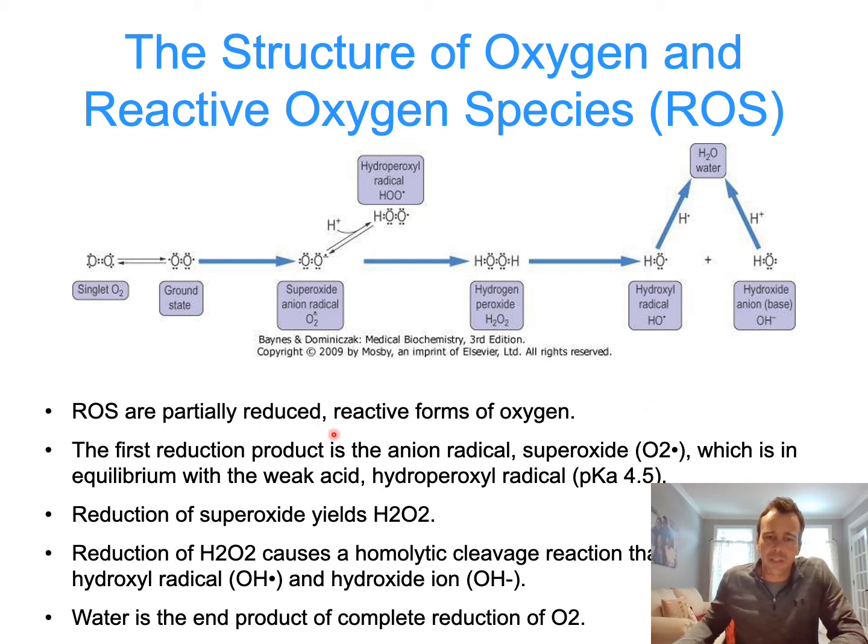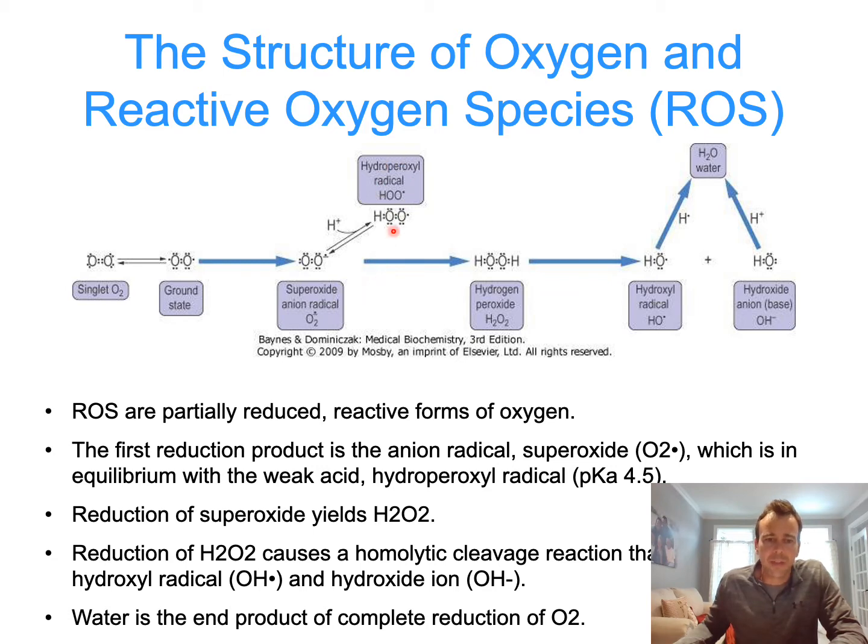Okay, let's talk a little bit about the structure of oxygen and reactive oxygen species. Reactive oxygen species are simply partially reduced reactive forms of oxygen. So we think about oxygen all the way on the left being reduced all the way to water on the right. The first reduction product is the anion radical superoxide. This is in equilibrium with the weak acid hydroperoxyl radical.